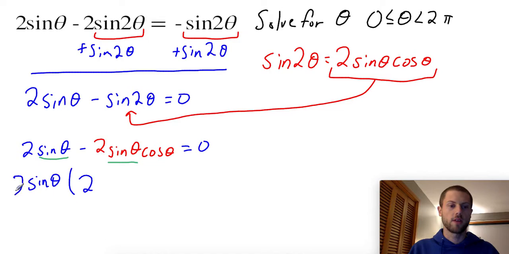So let's do that instead. Let's take out 2 sine of theta, and what I have left is 1 minus cosine of theta, and that's all equal to 0.